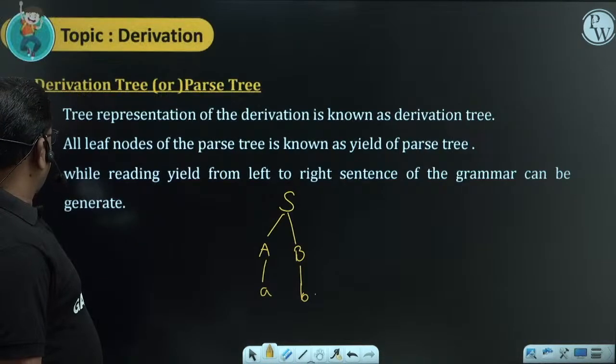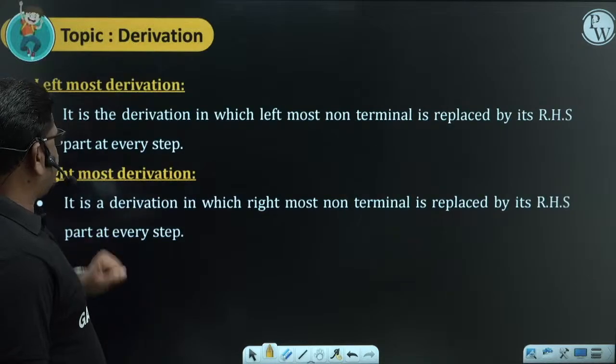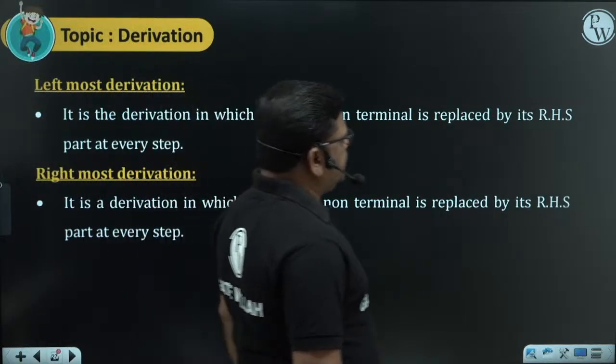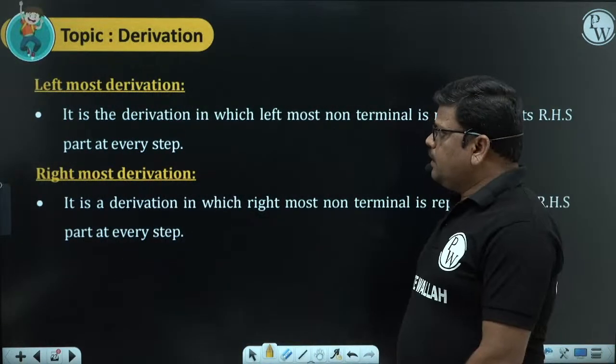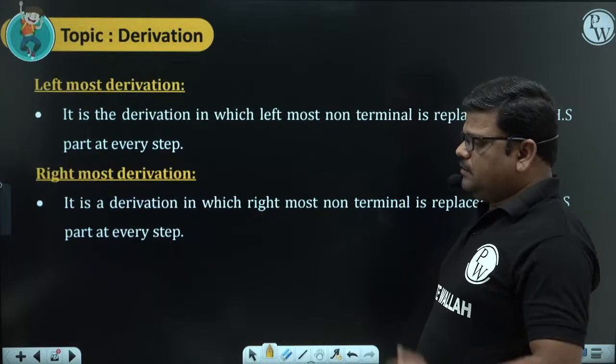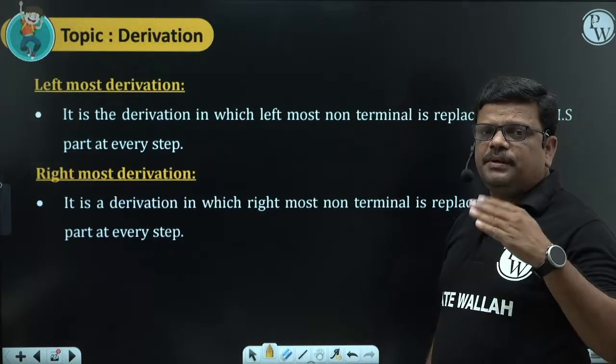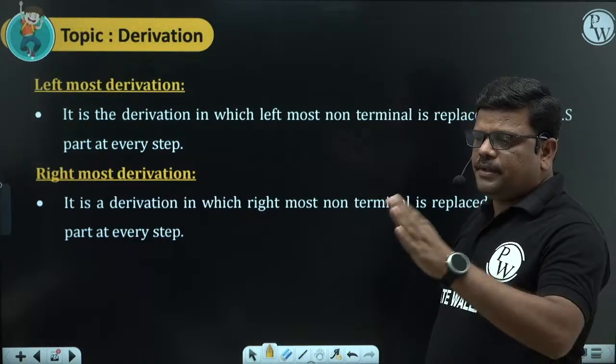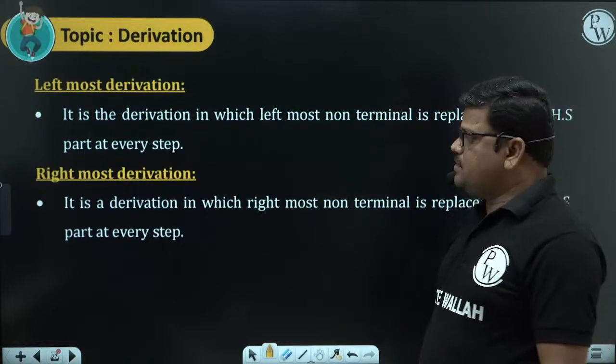Just before we start, what is a leftmost derivation? Whenever we do a derivation, it is a replacement of a non-terminal, the left hand side part, by its right hand side part. That is called a derivation.